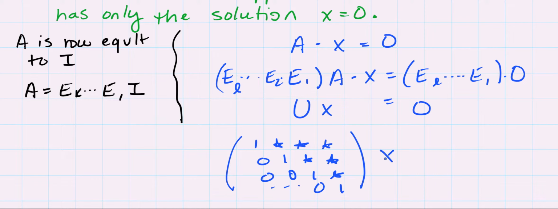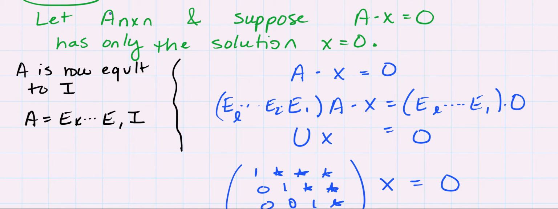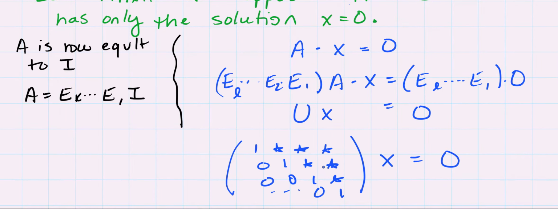And the thing is, we're going to have n pivots. The reason for that is this matrix A has to have n pivots in order for you to have one solution. If it didn't have n pivots, let's say this was a 0 here, then we would have infinitely many solutions, right? And it doesn't say that there's no solution at all.